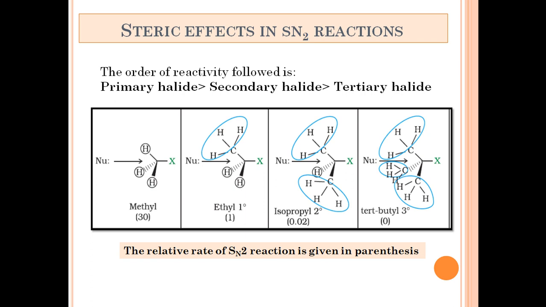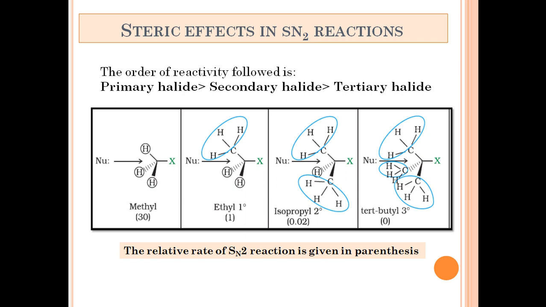So you can see there are 3 hydrogens and 1 carbon, and on the lower side you see 2 hydrogen atoms. The nucleophile attached to the carbon atom is not much hindered by this. But methyl halide, CH3Cl, is more reactive than the ethyl halide.